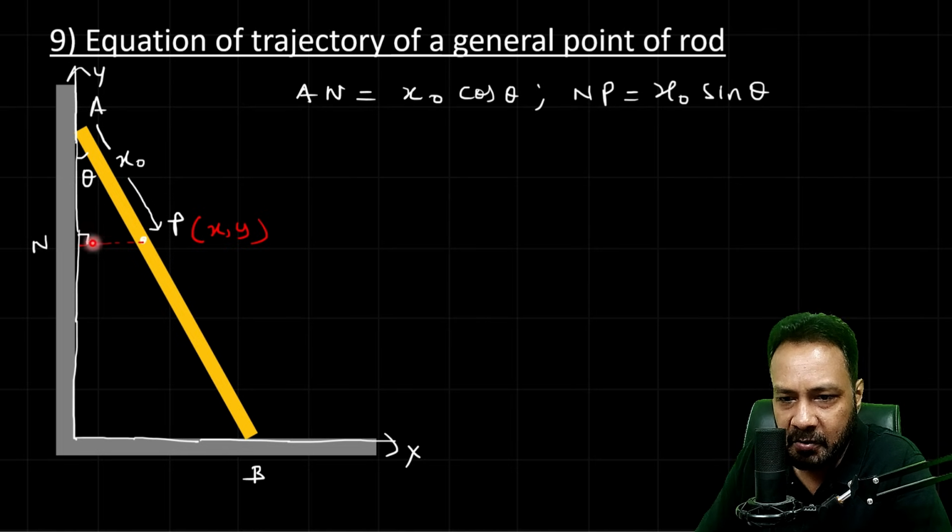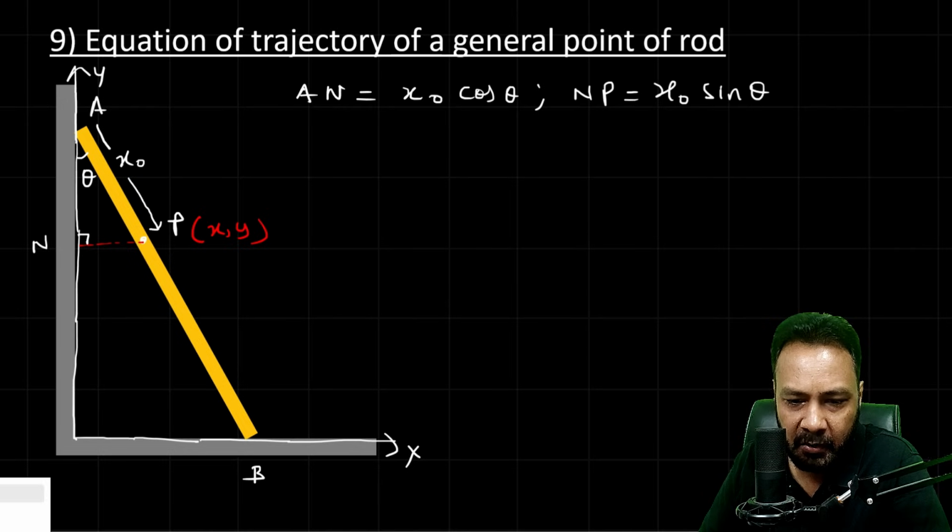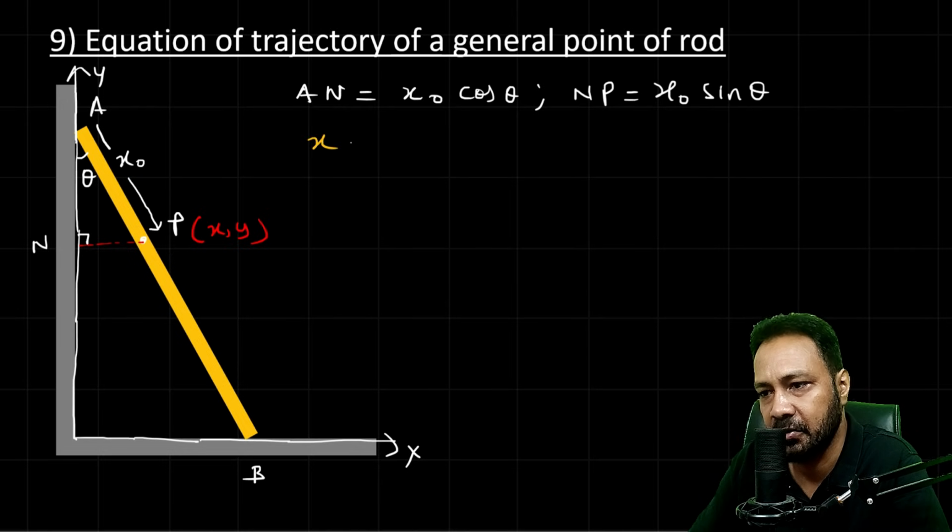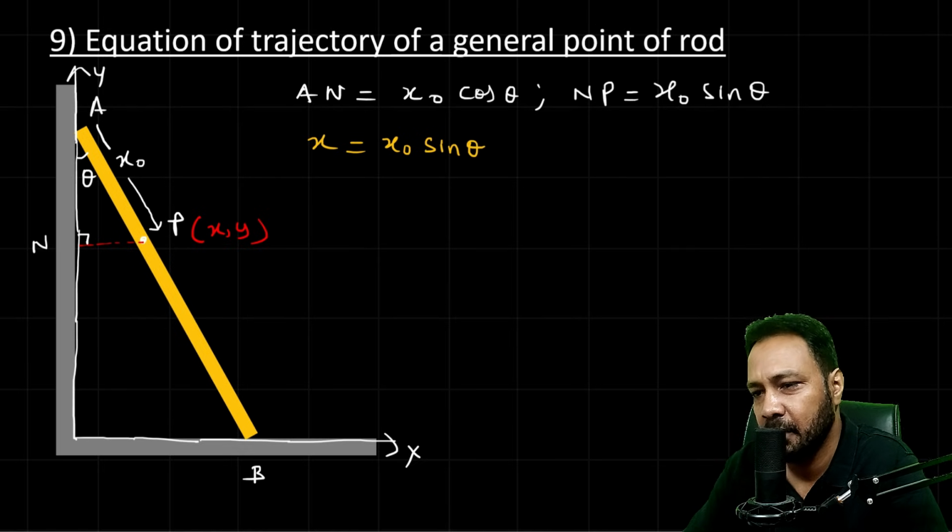So np is the x coordinate, so the x coordinate is equal to x naught sin theta. So I can write x by x naught is equal to sin theta.